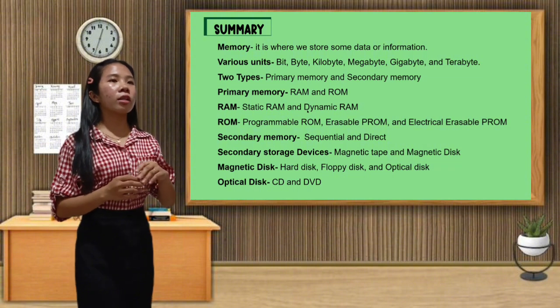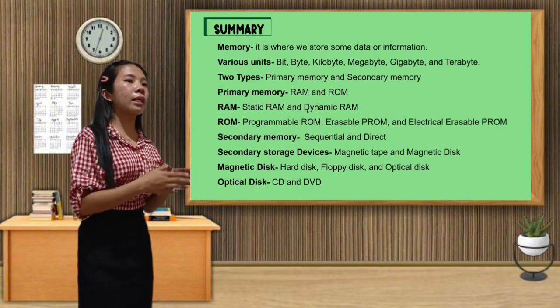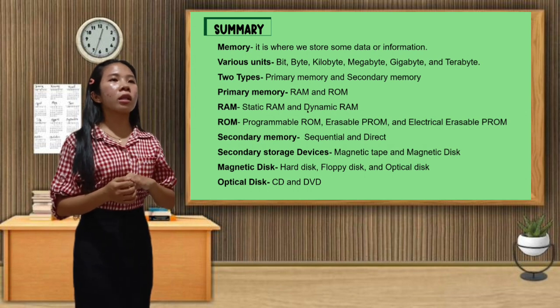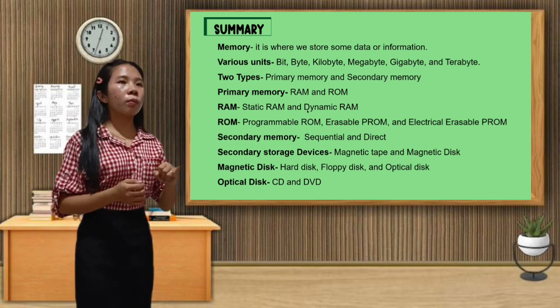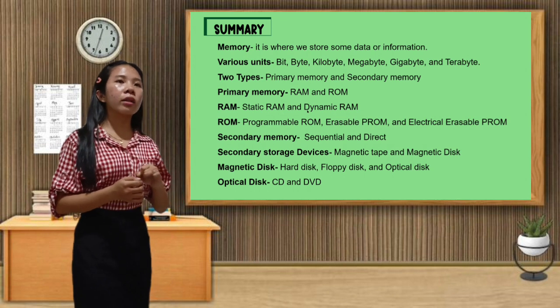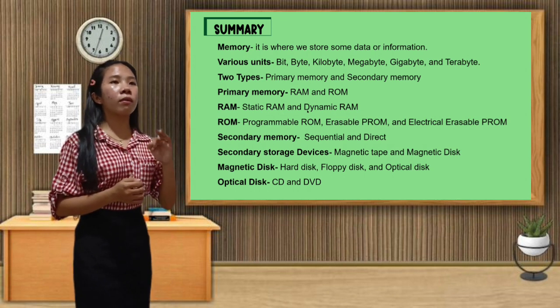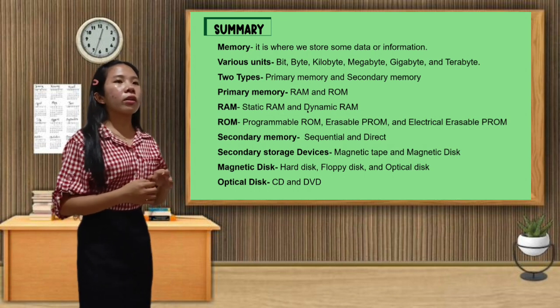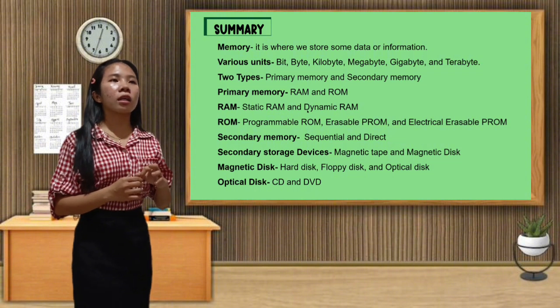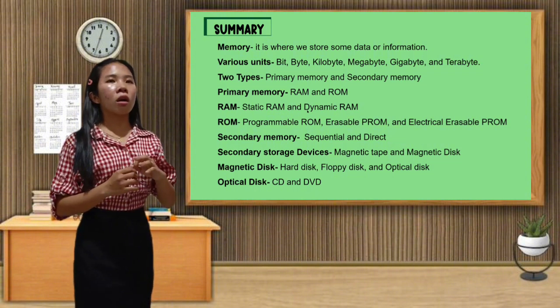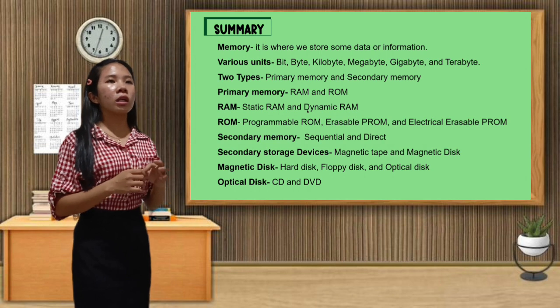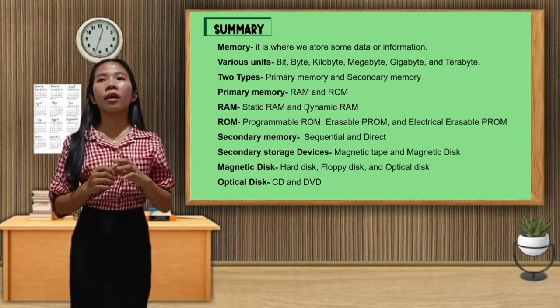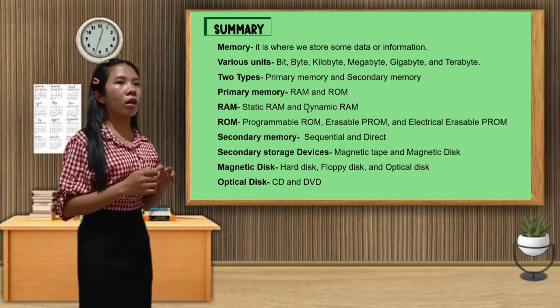And ROM has three types, which is the programmable ROM, erasable PROM, and electrically erasable PROM. So secondary memory has two methods, which is the sequential and direct method.